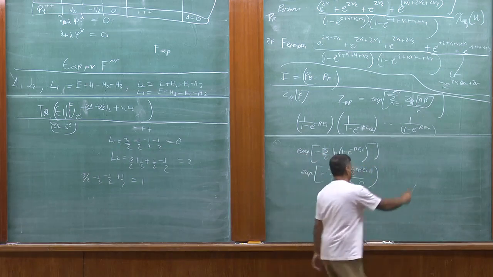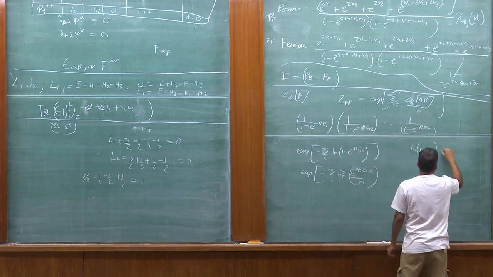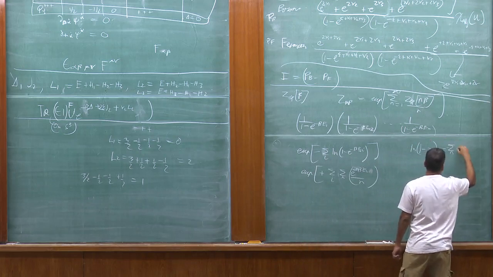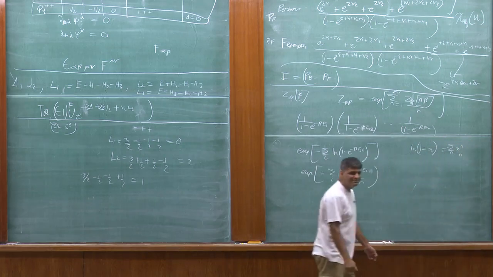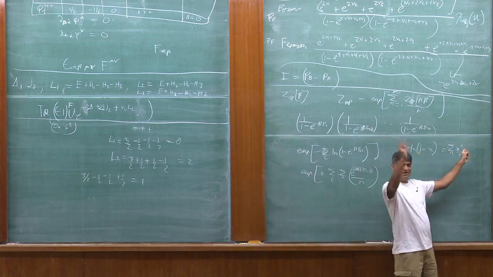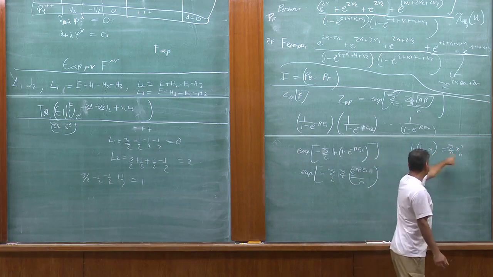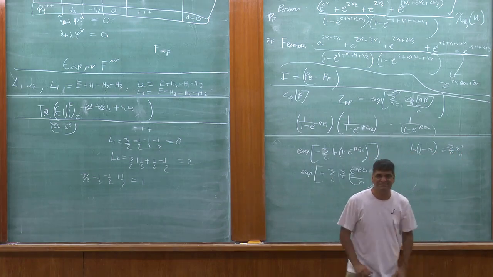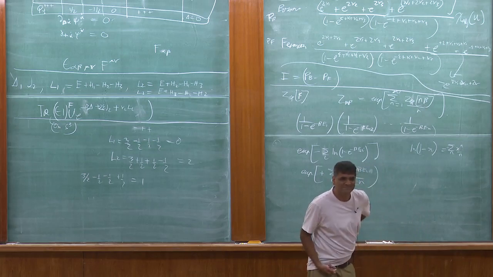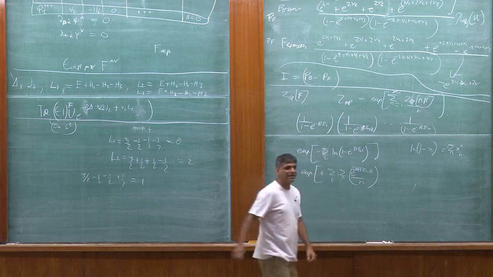Where I'm using the formula that log of 1 minus x is equal to minus sum over n of x to the power n by n. If you took log of 1 plus x, there would be these additional minus 1 to the power n plus 1 factors, and log of 1 minus x has a better expansion. And that extra minus sign went in killing this minus sign to make it a plus.